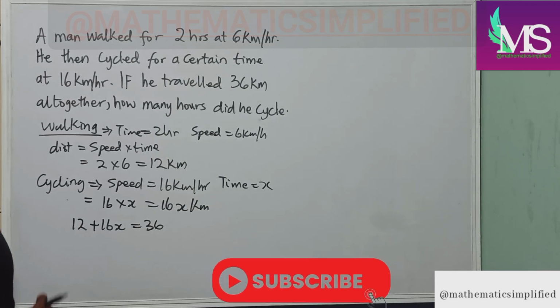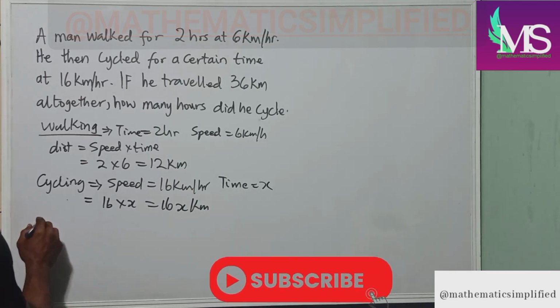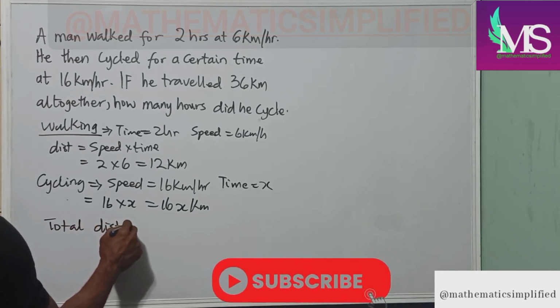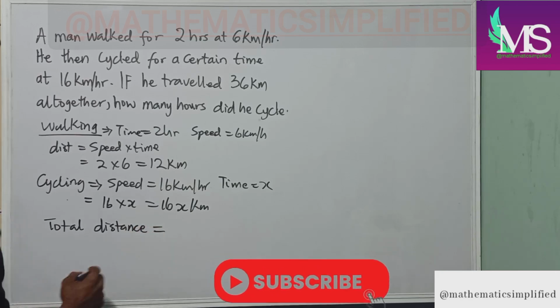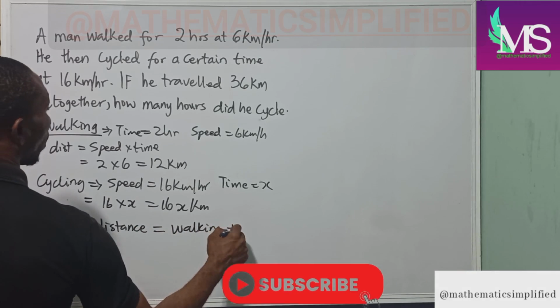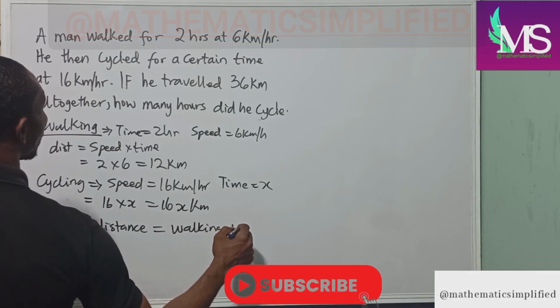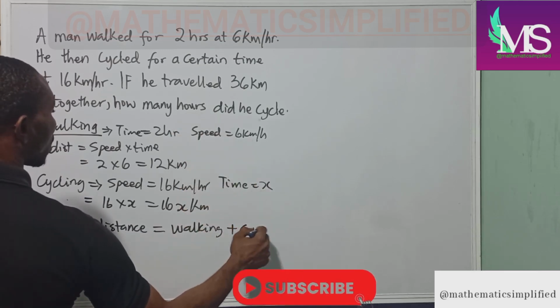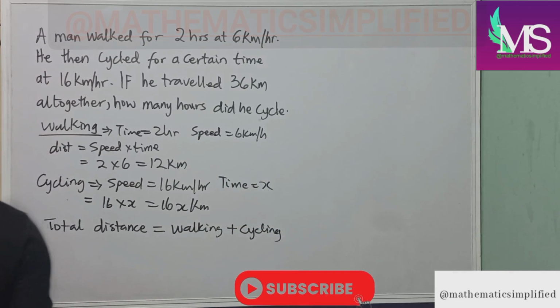Now we know that 12 plus 16x equals 36. Let's put it this way, that our total distance equals walking plus cycling.